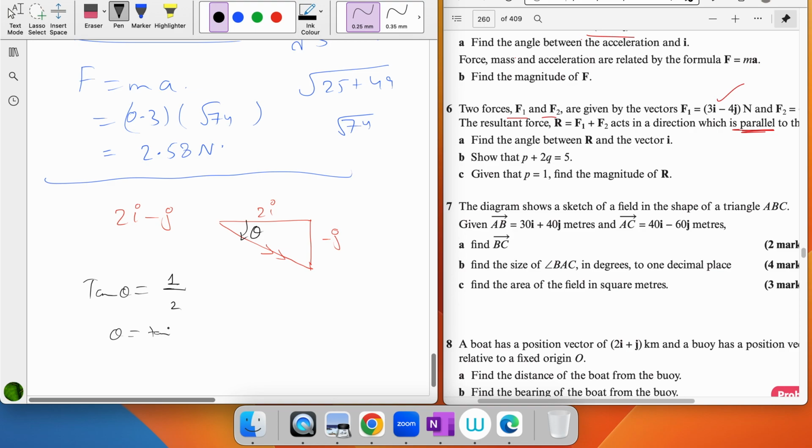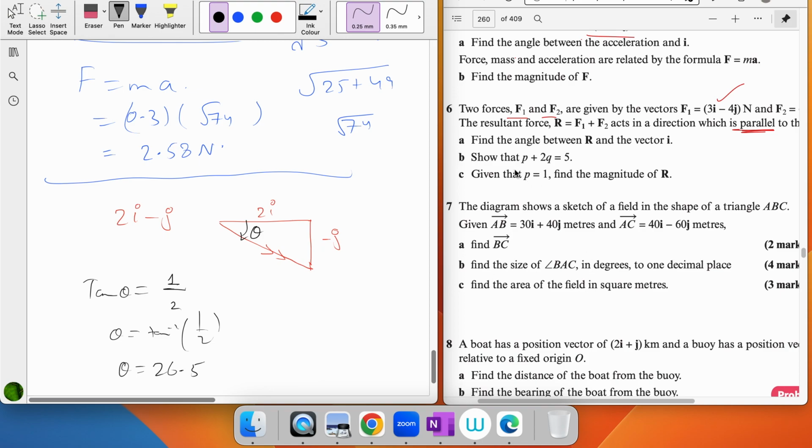Theta is equal to tan inverse of 1 by 2. It is 26.5. So this is your angle with horizontal.